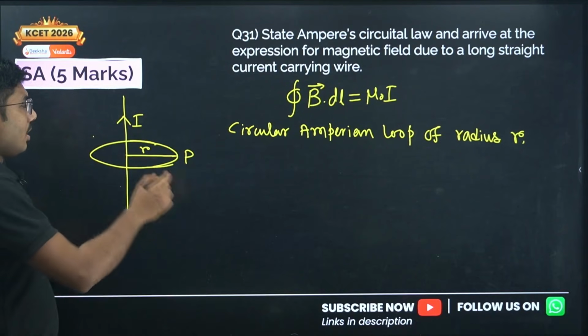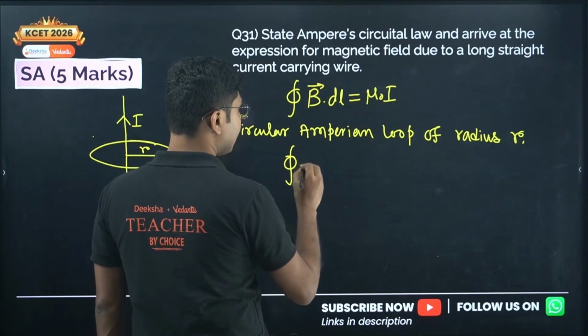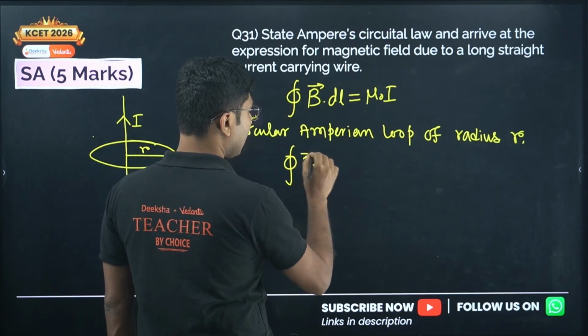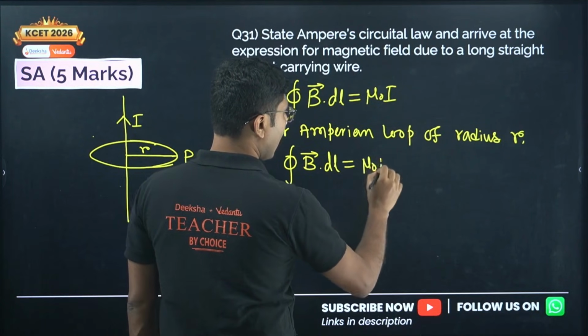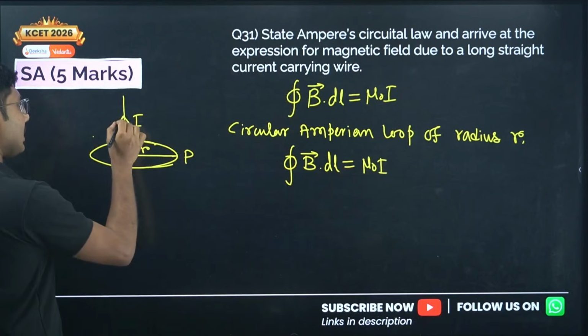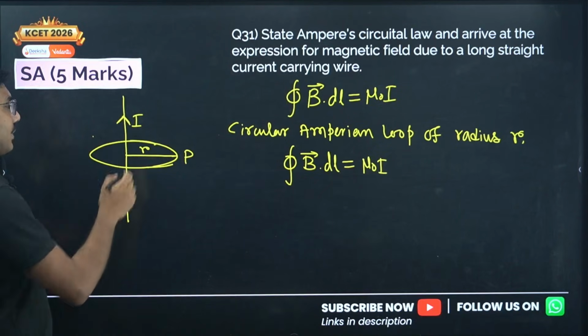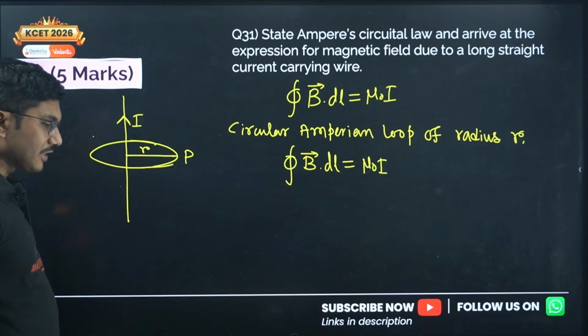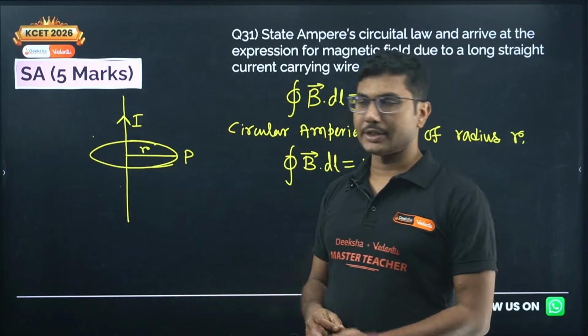Now if we apply Ampere circuit law, then B dot dl equals mu naught I. I is the amount of current that is being passed through this wire. Now, this is a circular loop, which means it is symmetrical. Circle is one of the most symmetrical two-dimensional objects.